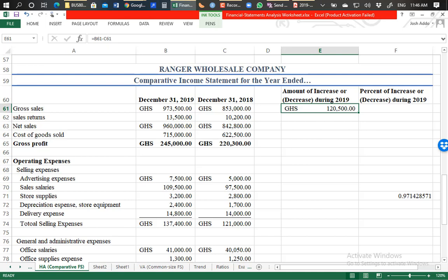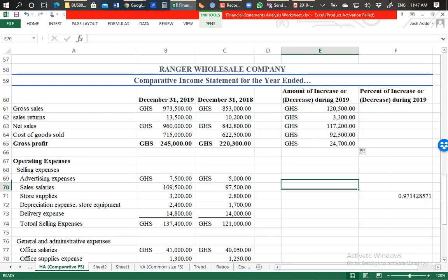When you hover your mouse on that thing, it will turn into a black cross. You click and hold and drag it down here. It will finish everything. It will now do, for each row, this minus this.